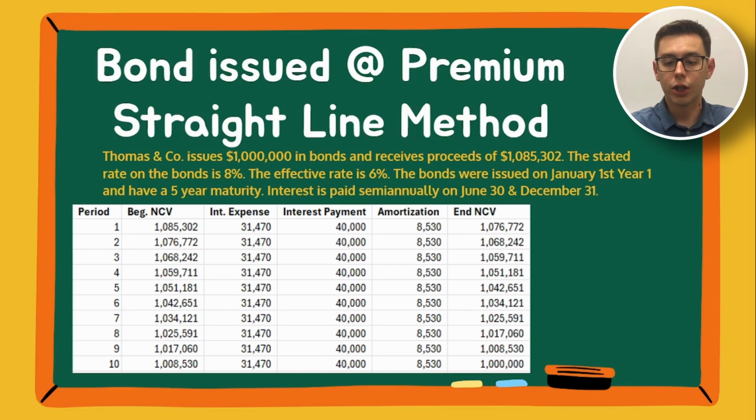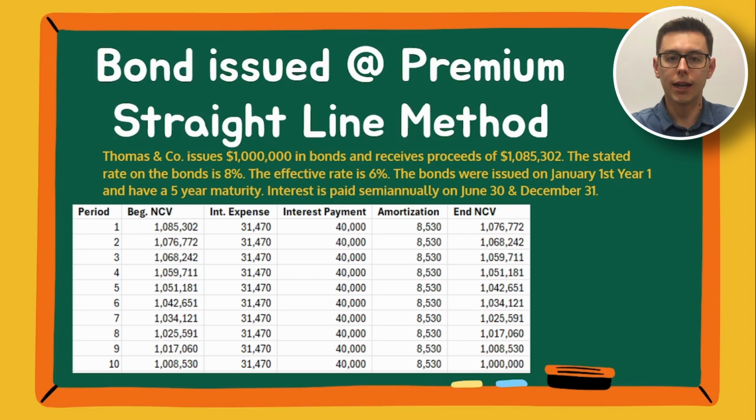One other important item to note is the end net carrying value. Sometimes they can ask you for this on the CPA exam. We got the end net carrying value for period 1 by taking the beginning net carrying value of $1,085,302, and then we subtracted the amortization of $85.30 to get the new net carrying value. And again, this is kind of like what we talked about.